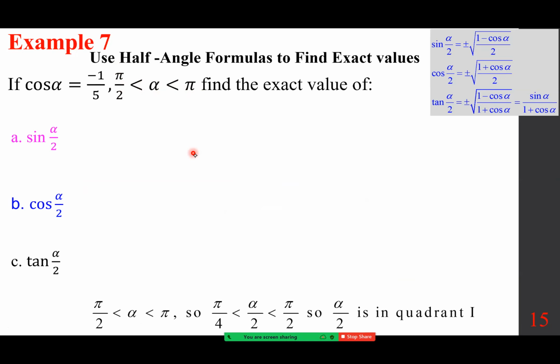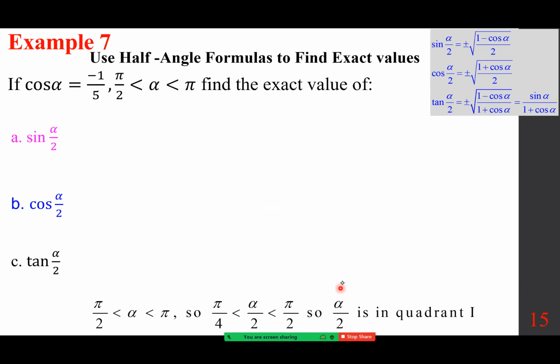So first we have to figure out the sign. For tangent, you don't have to, because after you find sine and cosine, you can divide the two and that gives you tangent. That would probably be the fastest way. But we have to establish whether they're positive or negative.